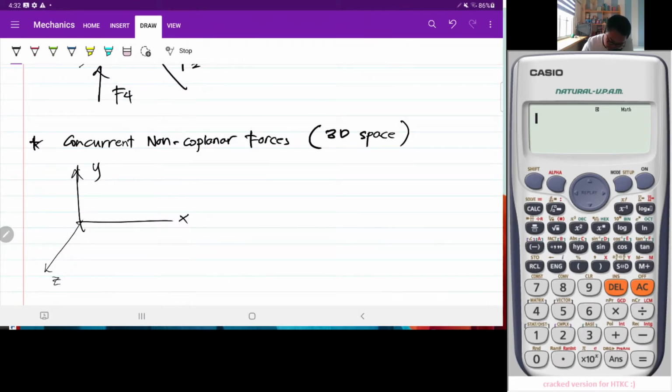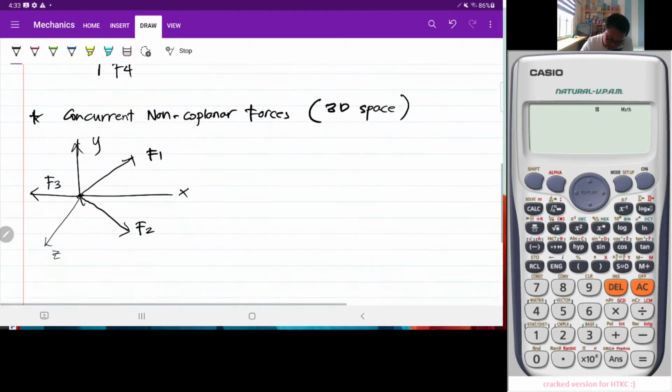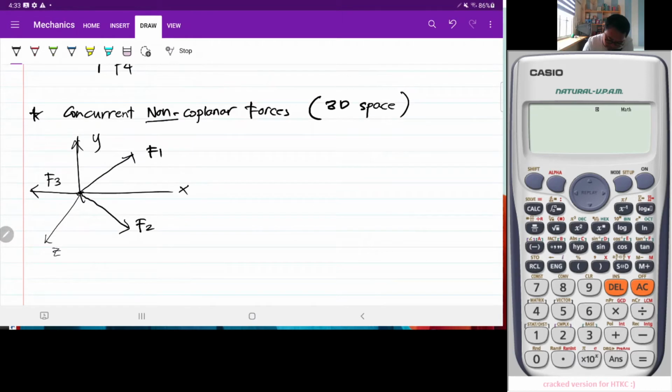If you have here the force F1, a force F2, and here the force F3, these forces are concurrent but not coplanar, or non-coplanar forces. Why?